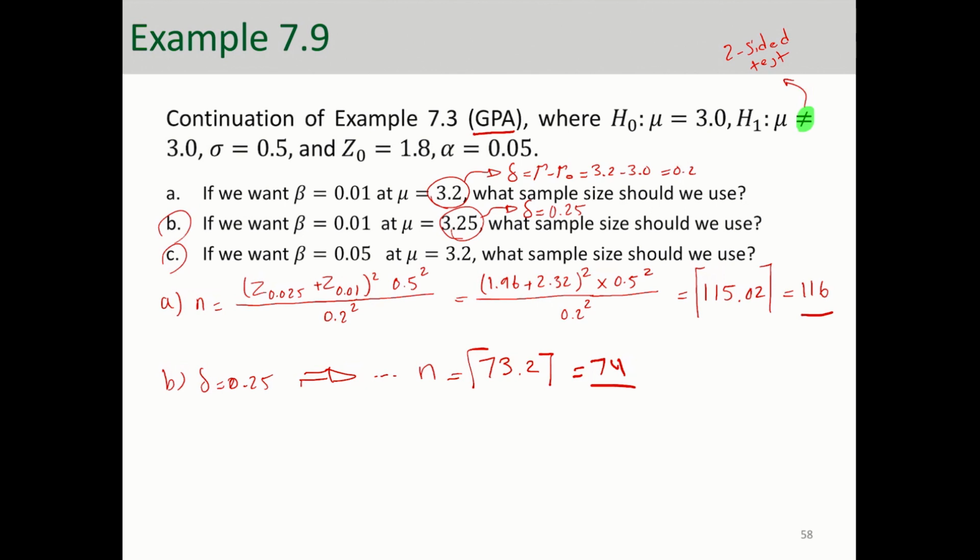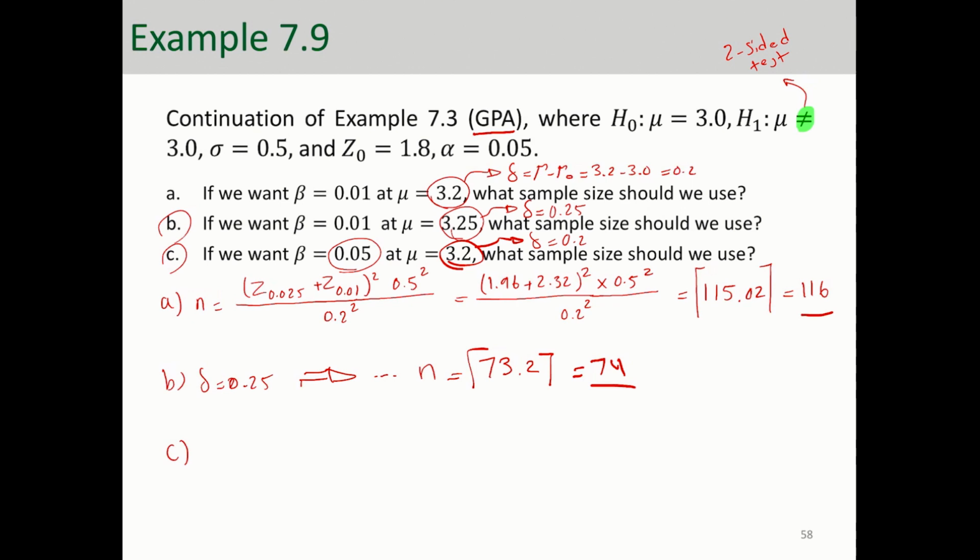Part C says if we want a beta of 0.05, so now we're basically loosening up our beta requirement, and mu is 3.2, what sample size should be used? Well, essentially here the delta is 0.2, what we had in part A, but now we have a different beta. In the formula, this z of 0.01 changes to z of 0.05.